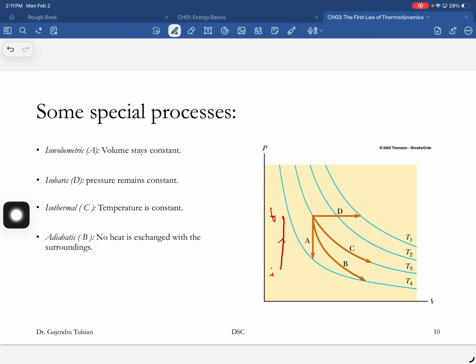It's this area. An isothermal process, I showed you how to calculate the work done. Now is a good time to stop.